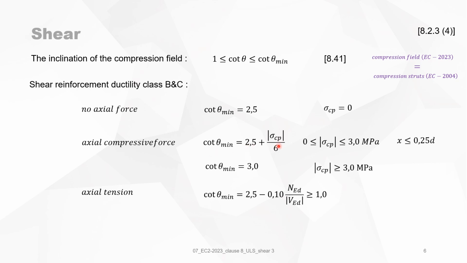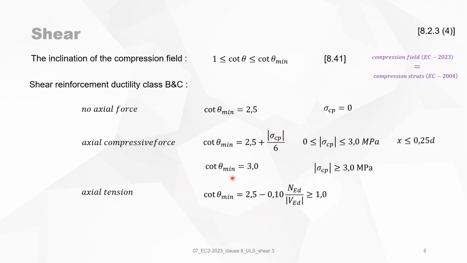What is striking is why do they put the absolute value? It is for axial compressive forces. A compressive force is normally a negative sign, so you should put here 2.5 minus sigma CP divided by 6. That's clear. But now they have said it's plus, and then the absolute value of sigma CP, because sigma CP is the compressive force. It's a little bit confusing.